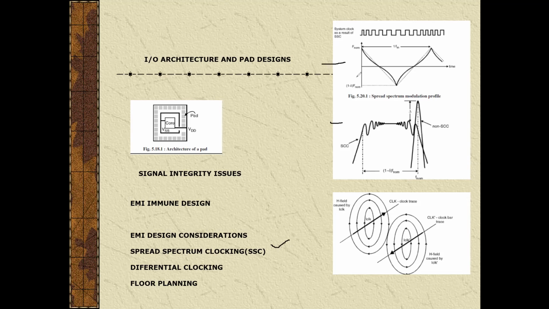Therefore, instead of maintaining a constant system frequency, spread spectrum clocking modulates the clock frequency and shows a reduction in the peak radiation level to reduce the EMI.